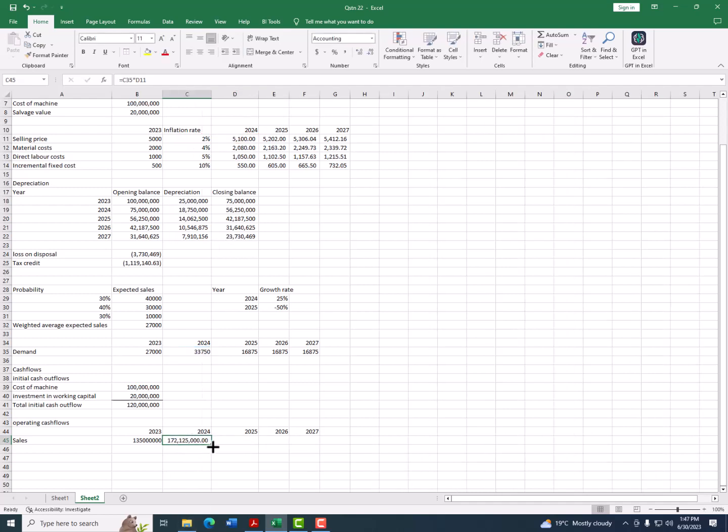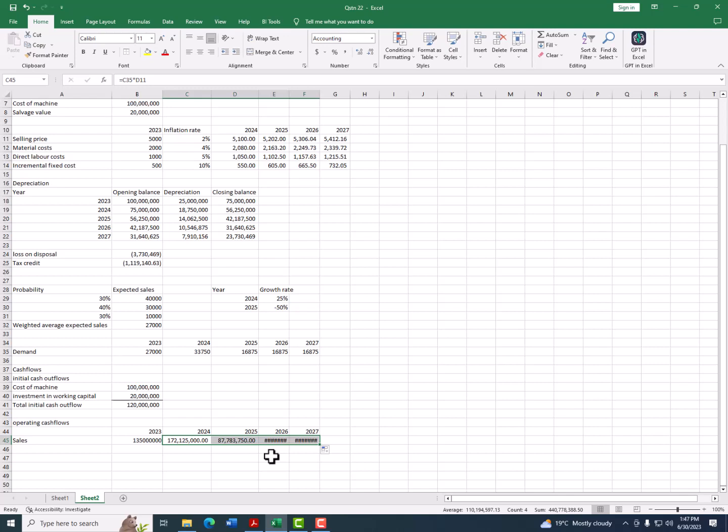Then we can drag this to 2027. The reason why you're seeing these hash marks or pounds is because the width of the cell is too small to hold the numbers that are there. So what do we do? We adjust the width.